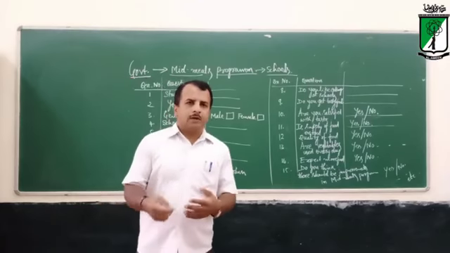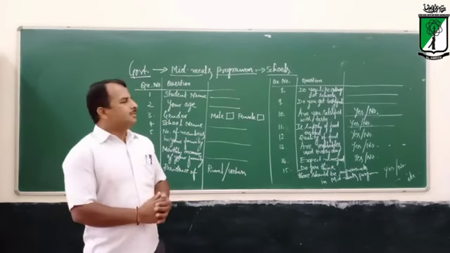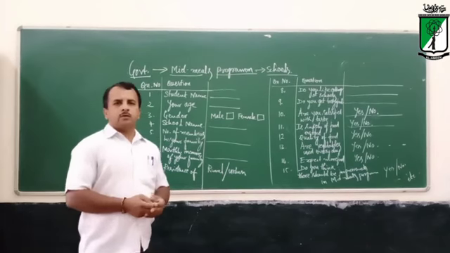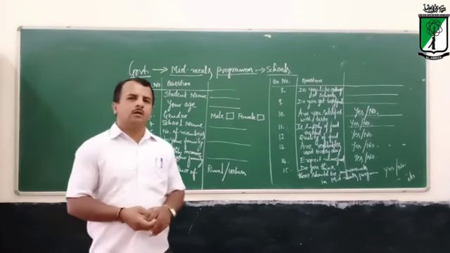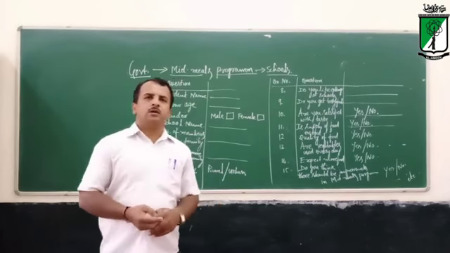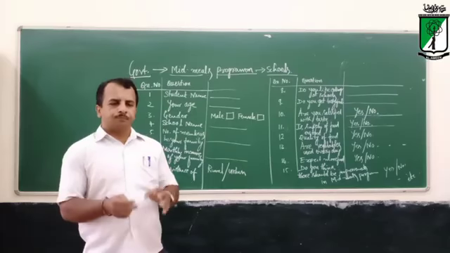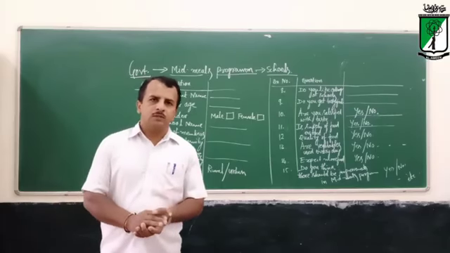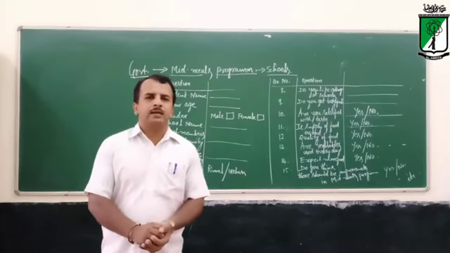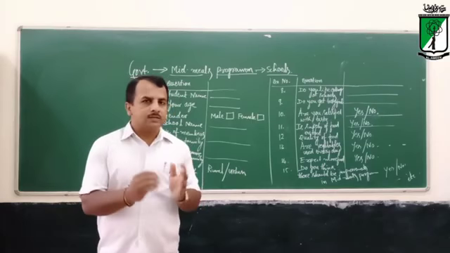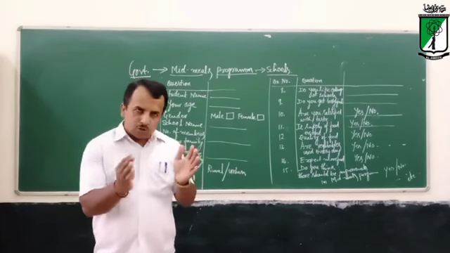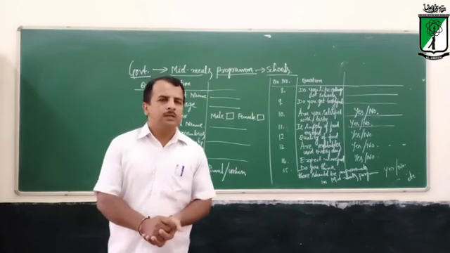I'm repeating again: what is the format of the questionnaire? A good questionnaire must consist of easy questions which are easily understandable, and questions should be short also. That is very important.